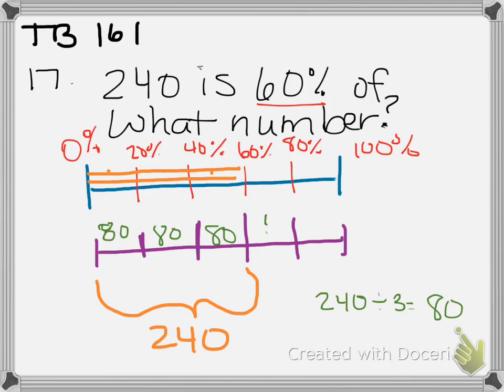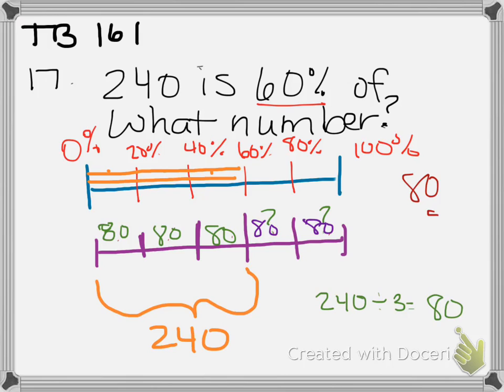So then what you need to find is going to be what these 2 are. And if these 3 are 80, then what that means is that this is 80 as well. So 80 and 80. So now what you're going to do to find out what the whole number was, you're going to go ahead and add 1, 2, 3, 4, 5 80s.